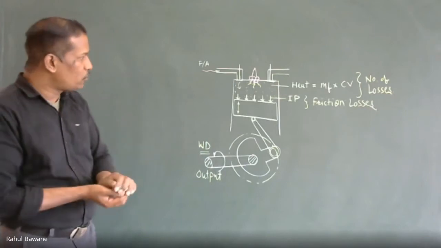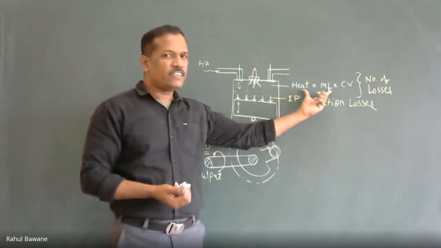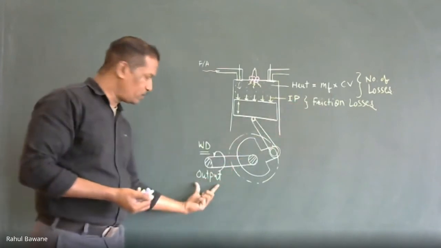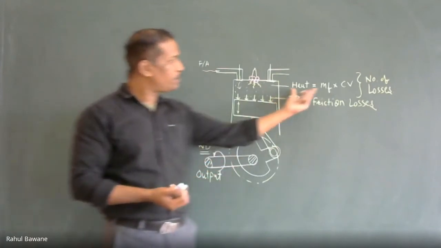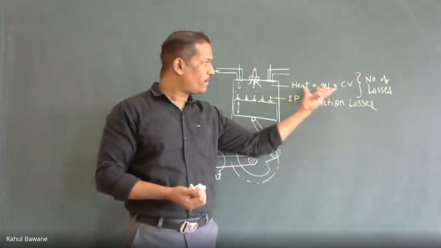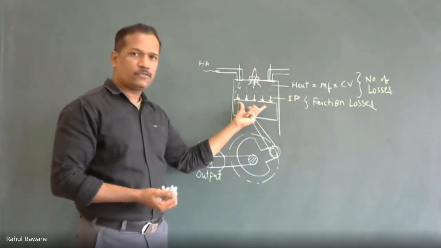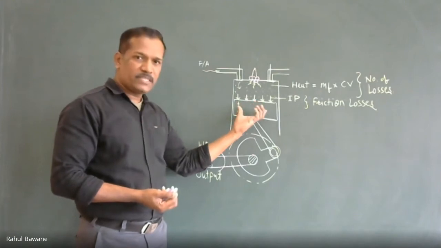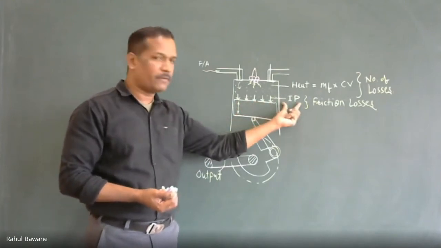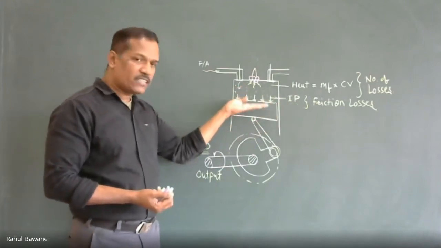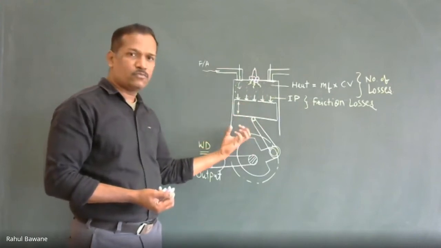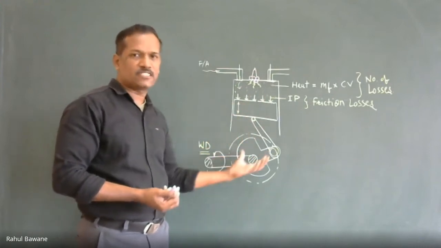So in short, the total heat generated is not available for output. There are a number of losses. After these losses, the exact energy available to do work on the piston is the indicated power. When the piston actually starts moving, it has to overcome a number of frictions.